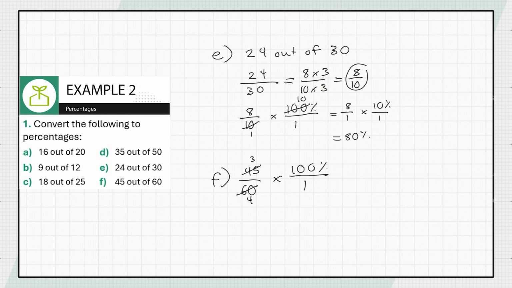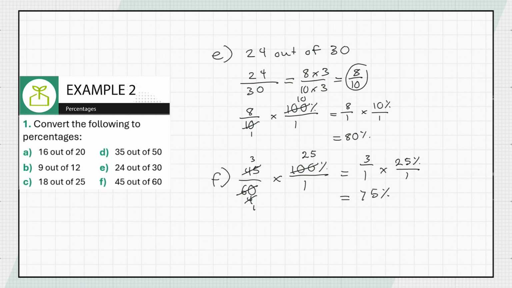And now, are there any diagonal common factors between the 4 and the 100? Yes, I can divide both by 4. So I'll divide the 4 by 4 and get 1. And I'll divide the 100 by 4 and I'll get 25. So this becomes 3 over 1 multiplied by 25% over 1, which is just 3 times 25%, which is going to be 75%.